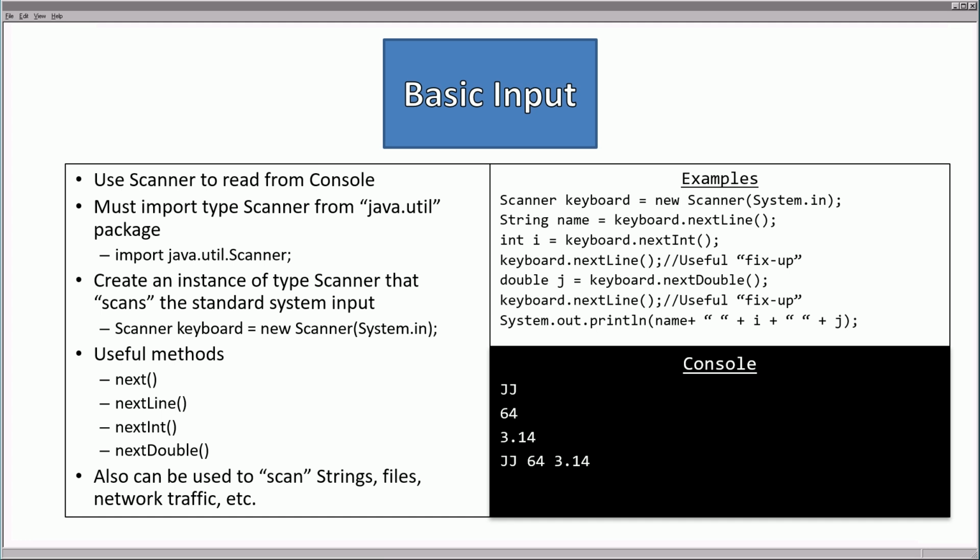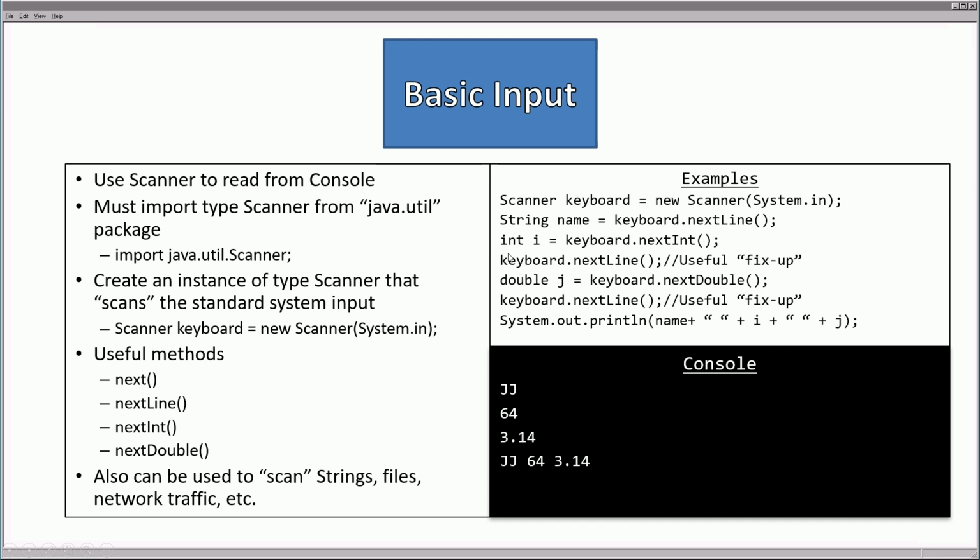Now, if we look over here, we can see this example where we start out by declaring type Scanner identifier keyboard. Then we construct this keyboard passing in System.in, so it's going to read from the console. Now, what we do here, String name, we assign that to keyboard.nextLine. If we look down here, we can assume that this value was entered by the user, which means this was captured and stored inside the value name.